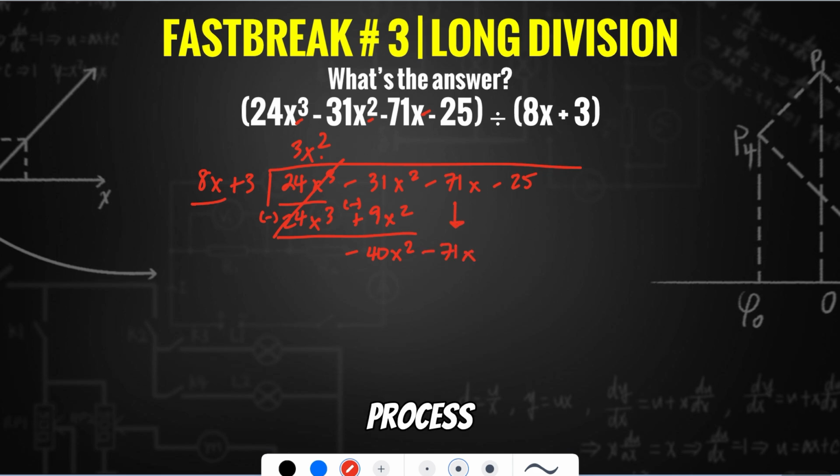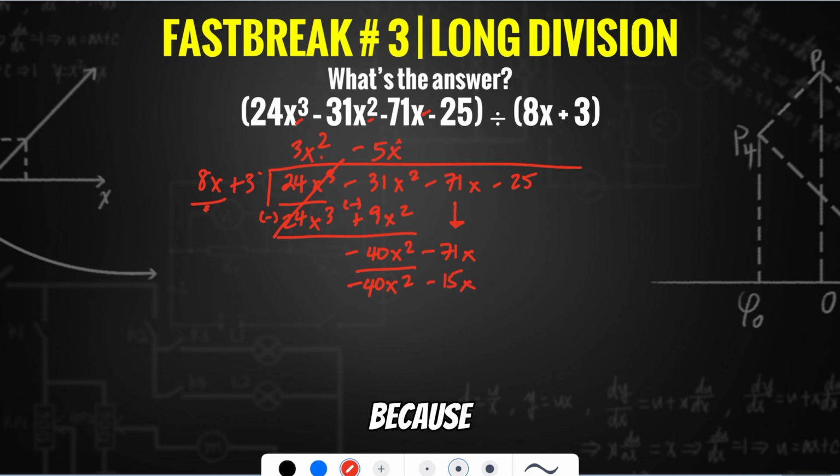Okay, repeat the process. Negative 40x squared divided by 8x. You have negative 5x. And then multiply. Negative 5x times 8x, we have negative 40x squared. Negative 5x times positive 3, negative 15x.